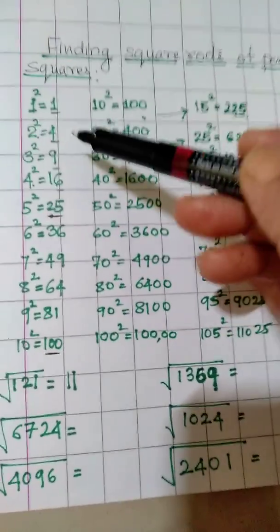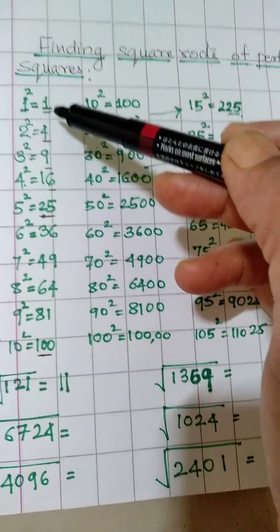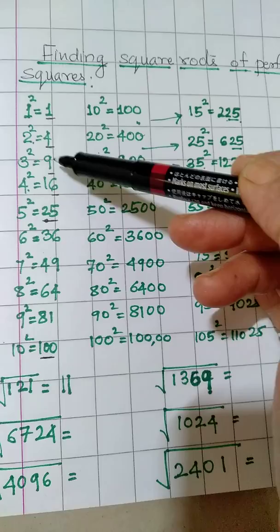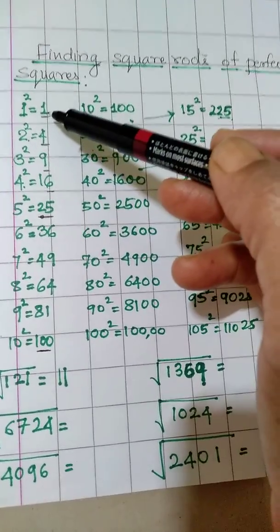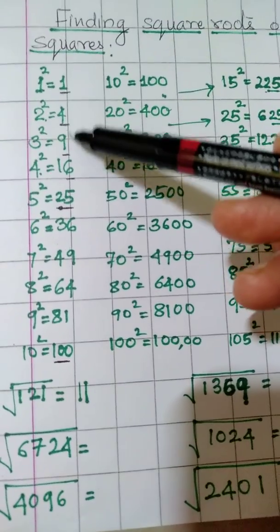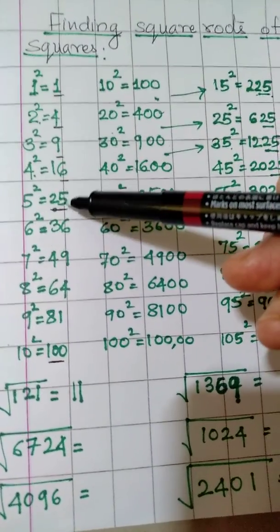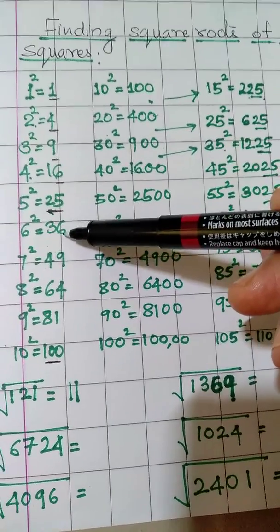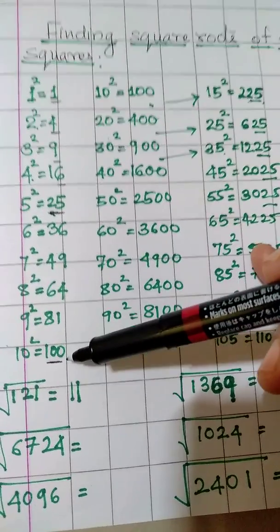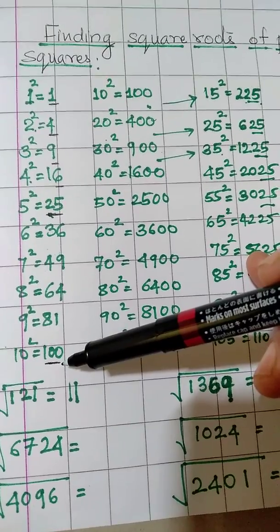Now just remember one thing. Just go through the units place of the square numbers. See, there is 1, 4, 9, 6. 5 appears together with 2 as 25. Again 6, 9, 4, 1. 0 doesn't appear alone.